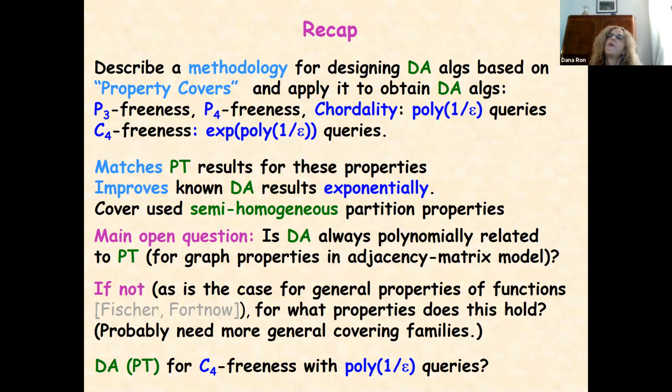And then the distance measure depends on M. It's the number of edges you are allowed to remove as a function of the number of edges that you have.